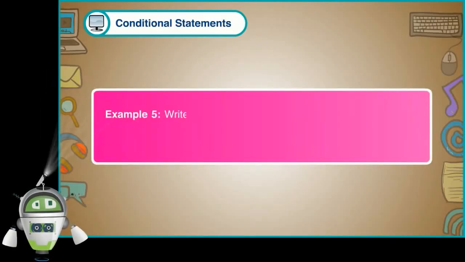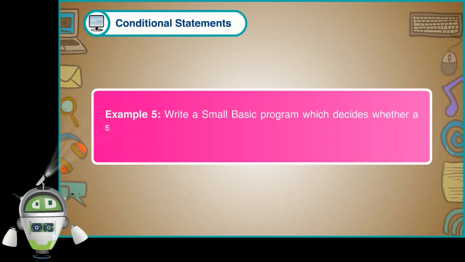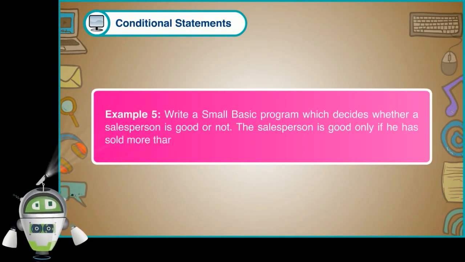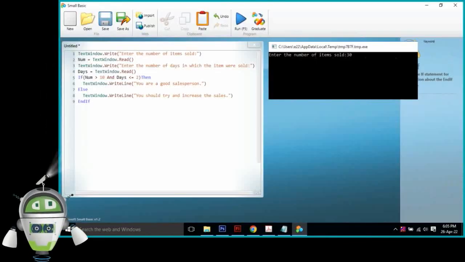Example 5. Write a Small Basic program which decides whether a salesperson is good or not. The salesperson is good only if he has sold more than 10 items in 2 days. Output: enter the number of items sold, 30. Enter the number of days in which the items were sold, 2.